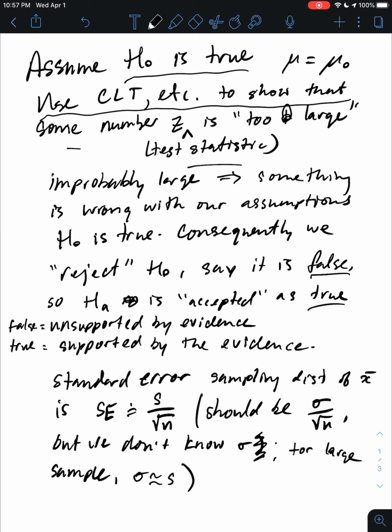All right, and so now, given that information, we can calculate the z-score of our observed value.